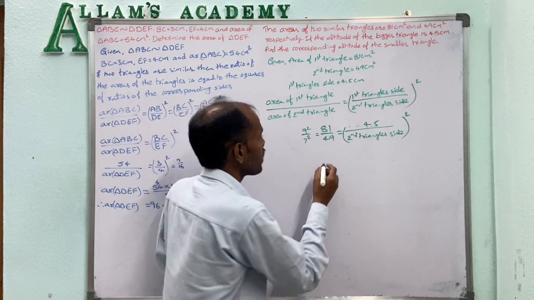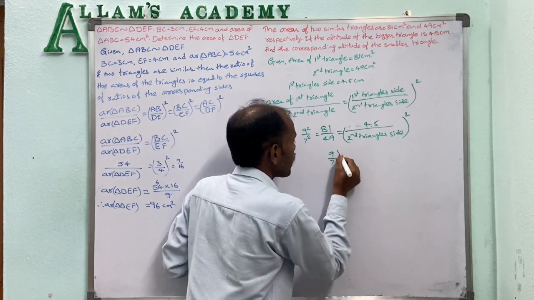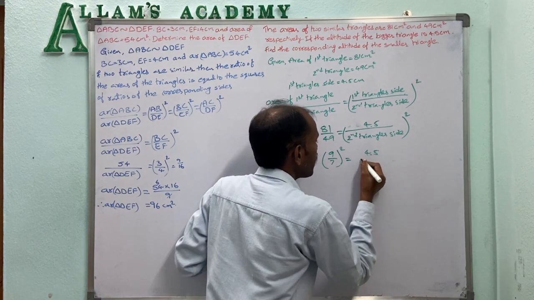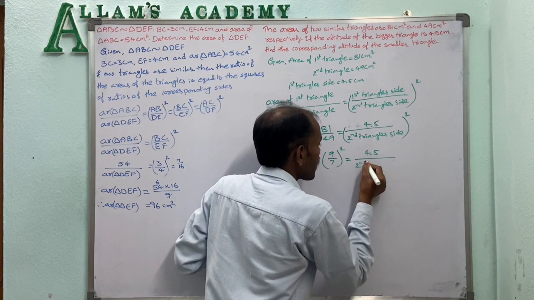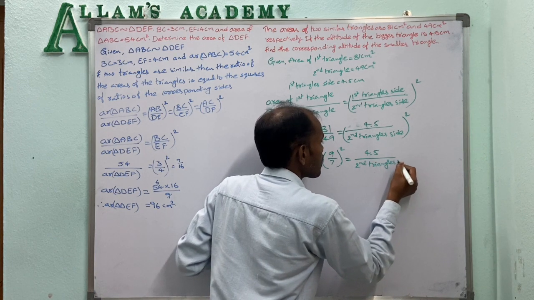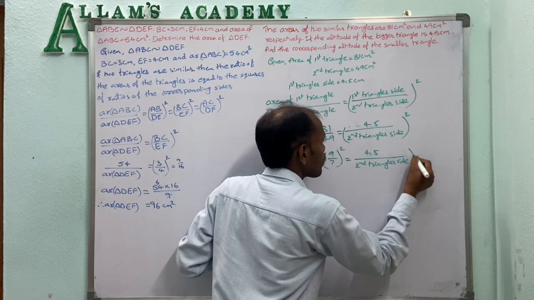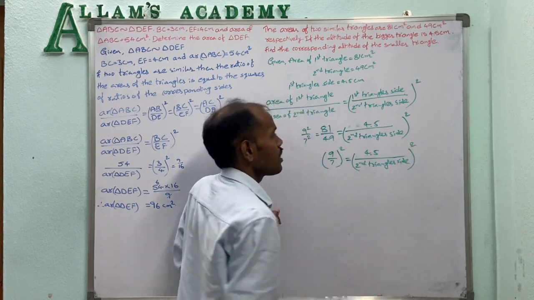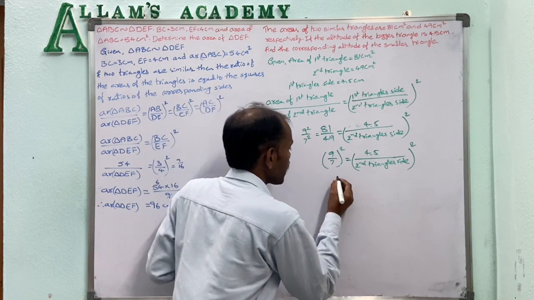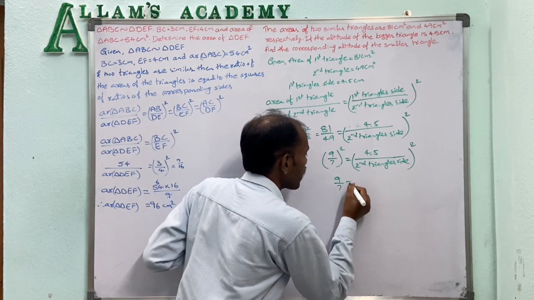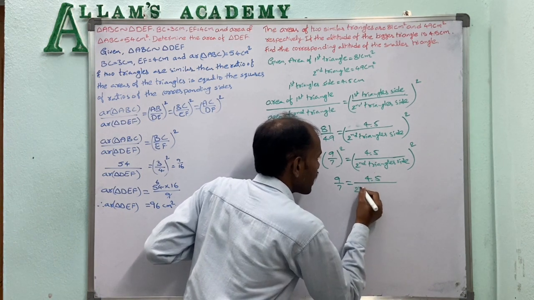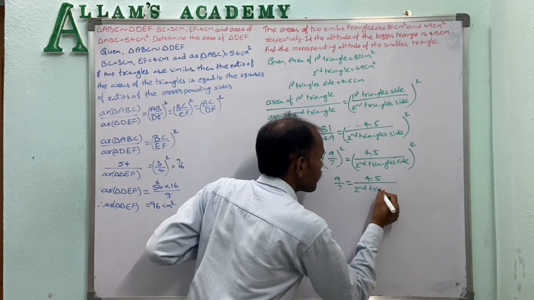That means 9 by 7 whole square equal to 4.5 by second triangle's side whole square. So now both sides square will be cancelled. Now we can take 9 by 7 equal to 4.5 by second triangle's side.